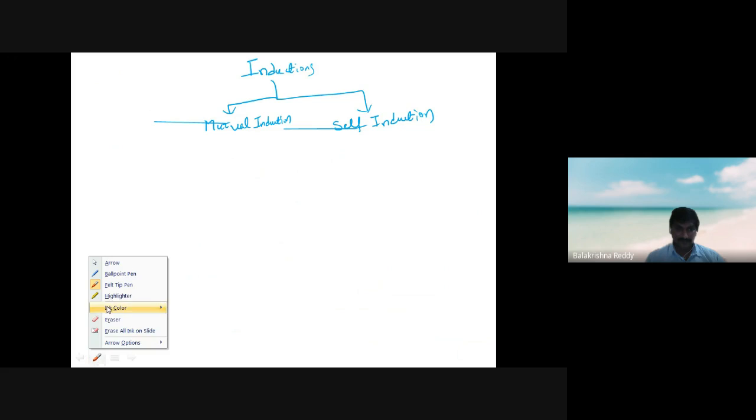The name itself indicates mutual and self. Mutual, okay, fine, sir, but how is self possible? That we are going to discuss. Let us see mutual induction first.